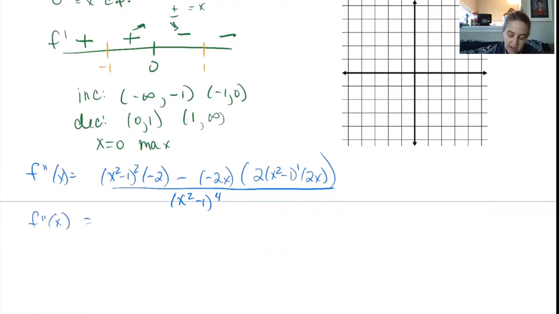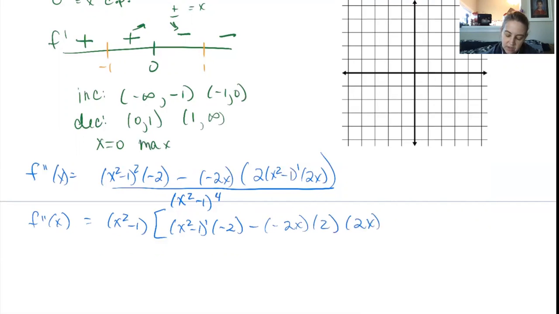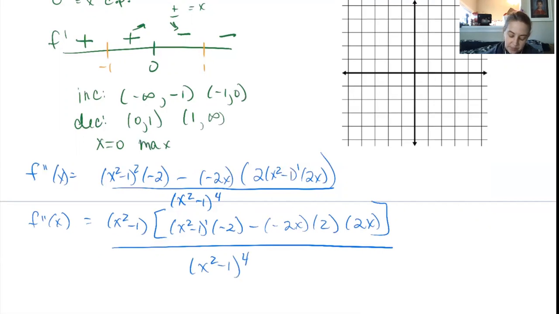I'm going to factor out an x squared minus 1. So I've got x squared minus 1 to the first times a -2 and -2x. The 2, the x squared minus 1 got pulled to the front. There's another 2x. All over x squared minus 1 to the 4th. Now I can cancel. Now it's safe. This cancels with one of these.